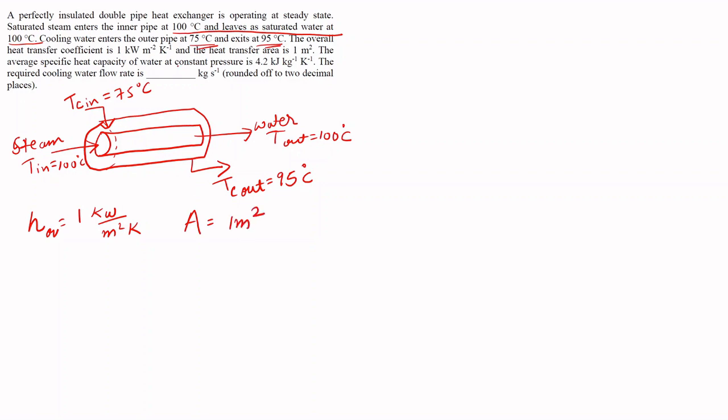The average specific heat of water at constant pressure is 4.2 kilojoule, so we have been provided Cp as 4.2 kilojoule per kg Kelvin, and we have to find the required cooling water flow rate. This is what we have to find.